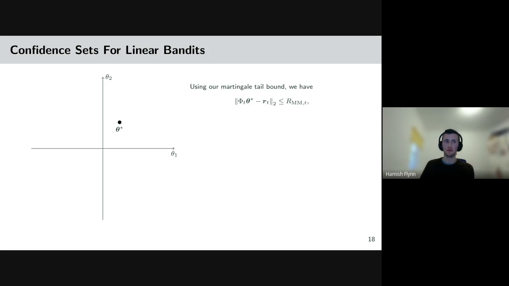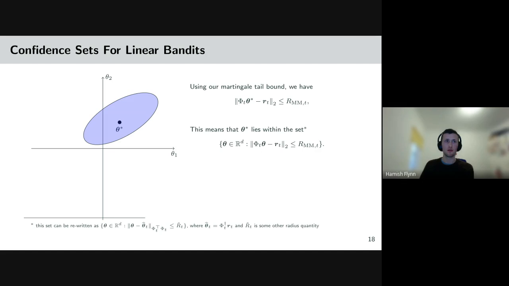And RMM is the same radius quantity from the previous page. This constraint says that theta star lies within an ellipsoid, as shown in blue. And in fact, it's an ellipsoid centered at the ordinary least squares estimate, or the unregularized least squares estimate, as described below.